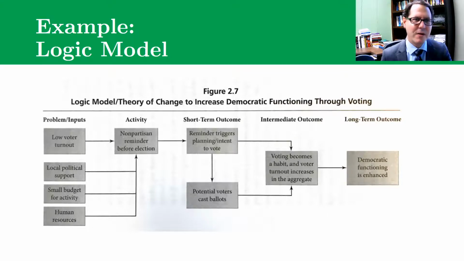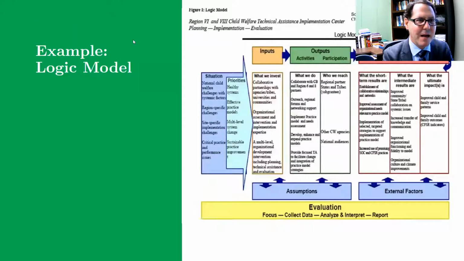And so sometimes you get logic models that go a step further in terms of complexity. So this is one that begins with your inputs and your outputs and your outcomes that play out across the top. It's got that situation arrow on the side that talks about what's the broader context that we're operating in.